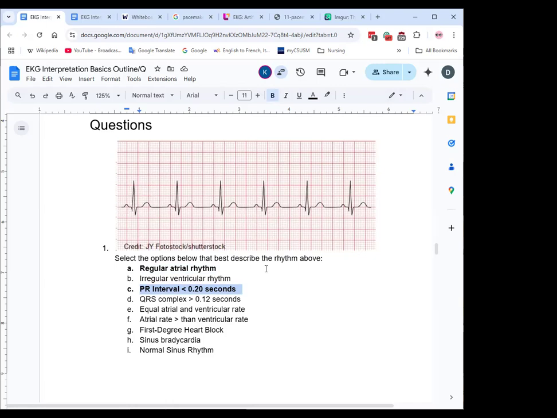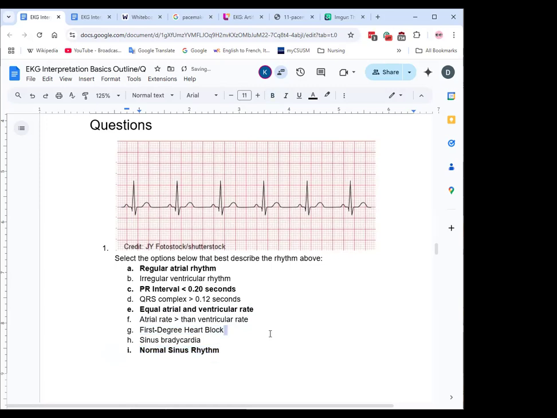They go with each other, so it's definitely E. We set them equal, so F is not true. The PR interval was consistent and within normal limits, so that can't be that. And 60 is within our normal limit for heart rate, so this is normal sinus rhythm.